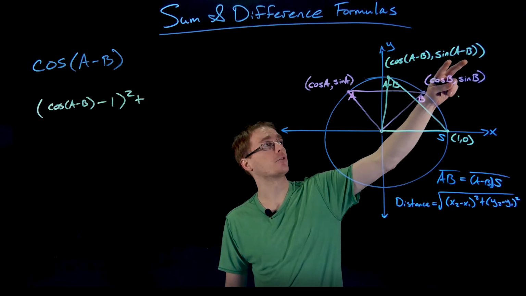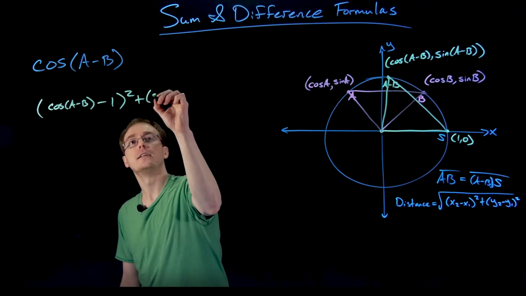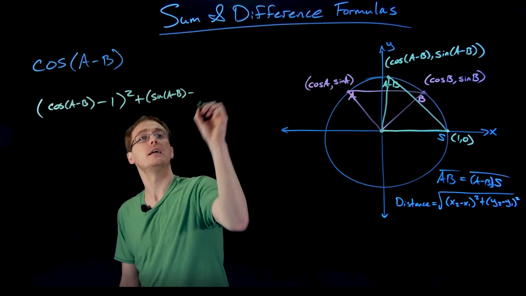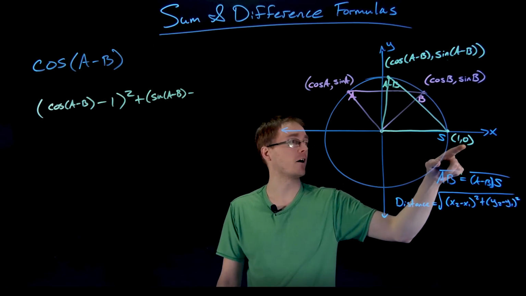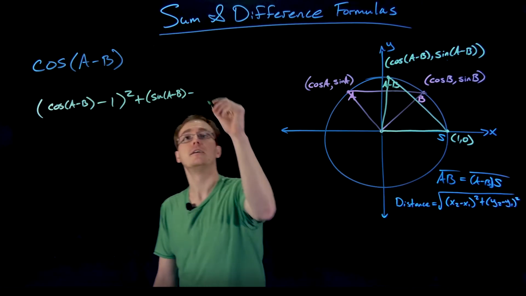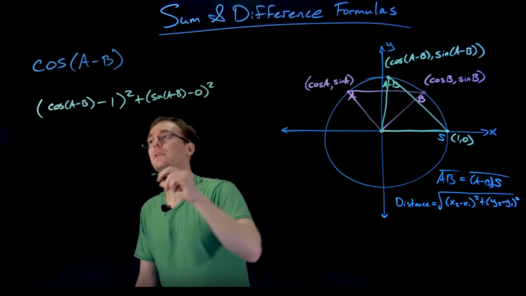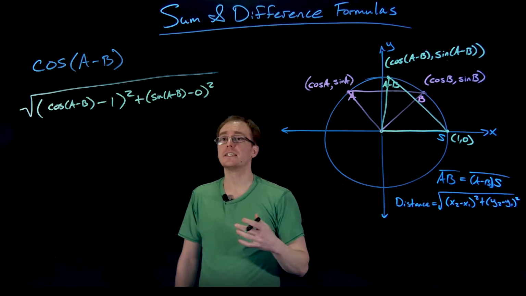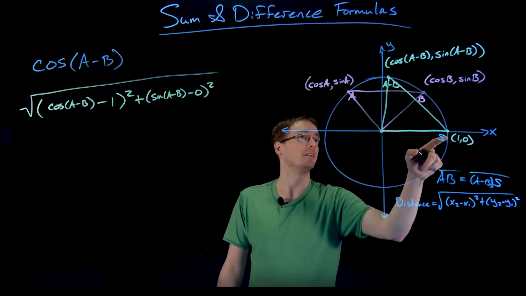Our y value for our first point is sine of A minus B, and we have to subtract away from that the y value of our second point here. That y value is 0. And so that is our distance from A minus B to S.